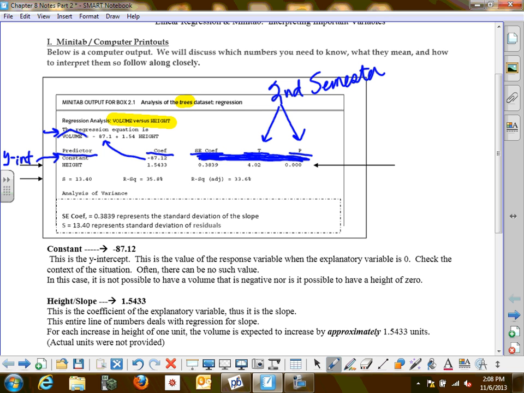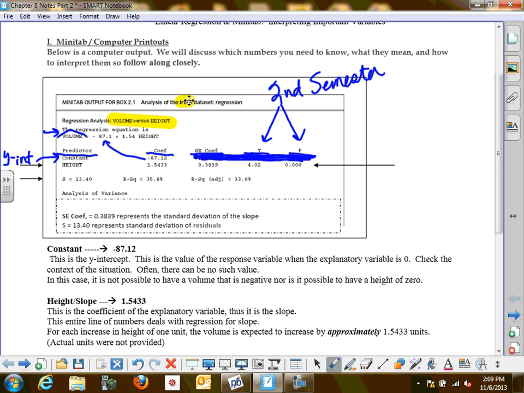For example, we may have gotten something that said, at an age of 0, the weight is negative 3.5. Does that make sense? At an age of 0, the weight is negative 3.5. So we learned that frequently the y-intercept actually does not, what? Make any sense in the context of this problem. Therefore, I don't care how accurate it is, or making any inference with the t-value and the p-value, so we will never use that. Okay, good.